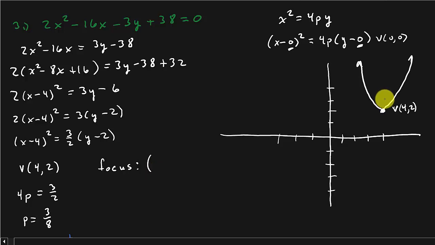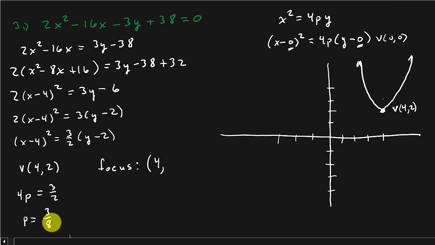Right in here somewhere. So we know the x-coordinate of the focus is going to be 4. Well, what's the y-coordinate of the focus? Well, I've got to go from here up, right? So I've got to go from 2 up 3/8.